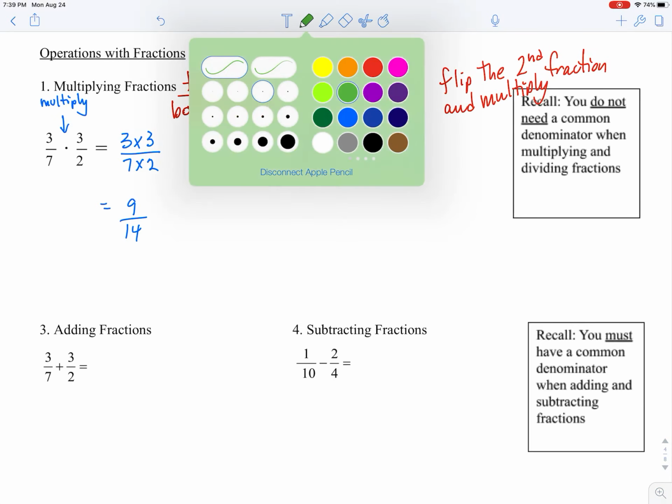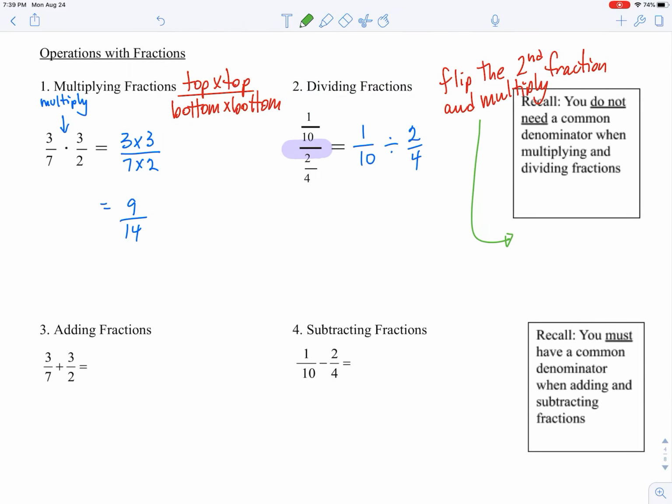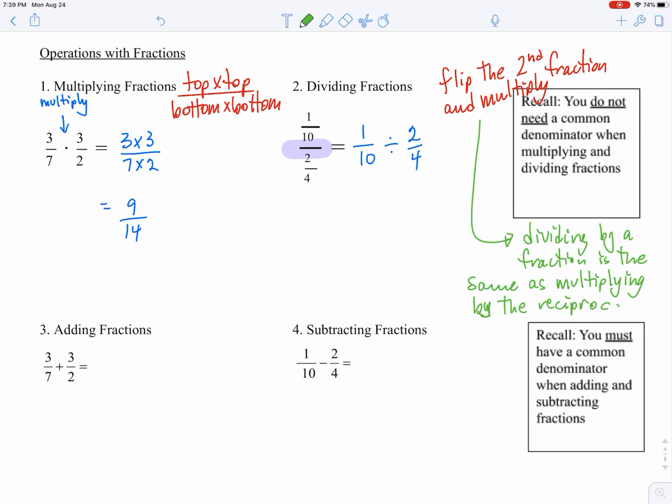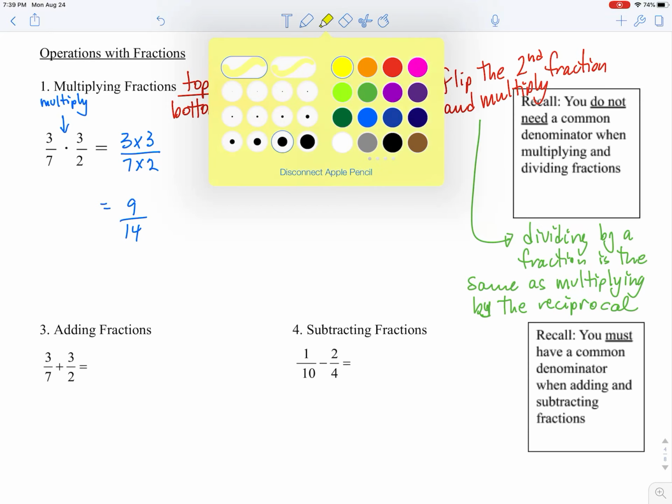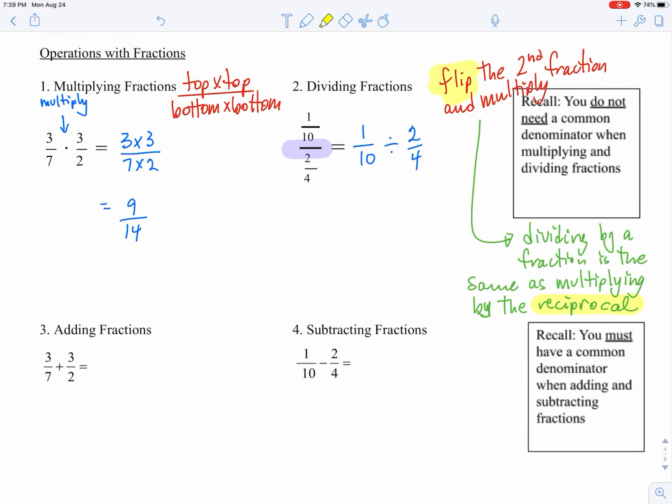Another fancier way of saying this would be dividing by a fraction is the same as multiplying by the reciprocal. Let me write that down and then I'll talk some more. Multiplying by the reciprocal. And reciprocal is just a fancy word for saying the flip. So that flip and that reciprocal, they're totally related.